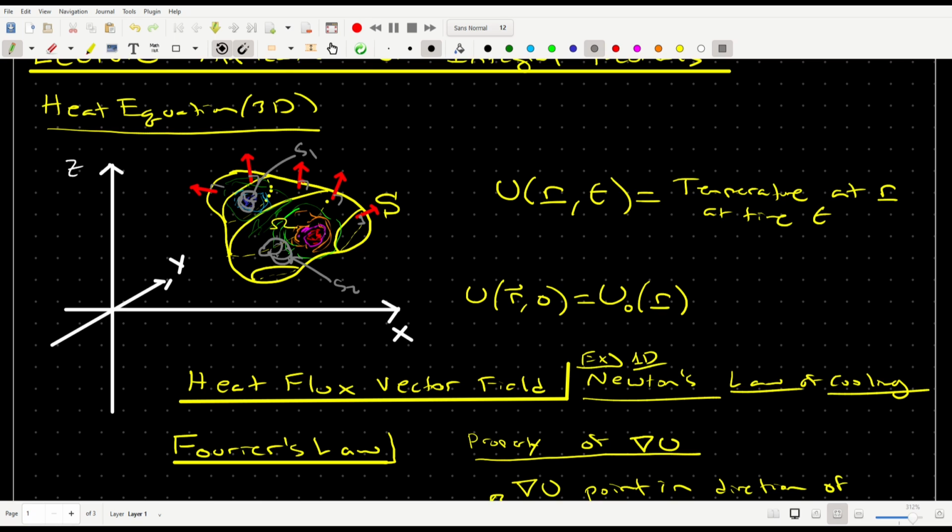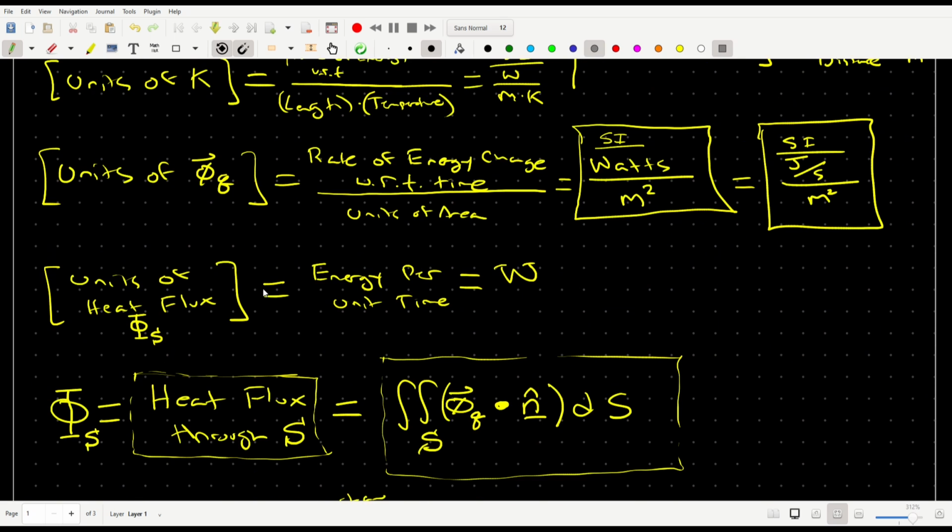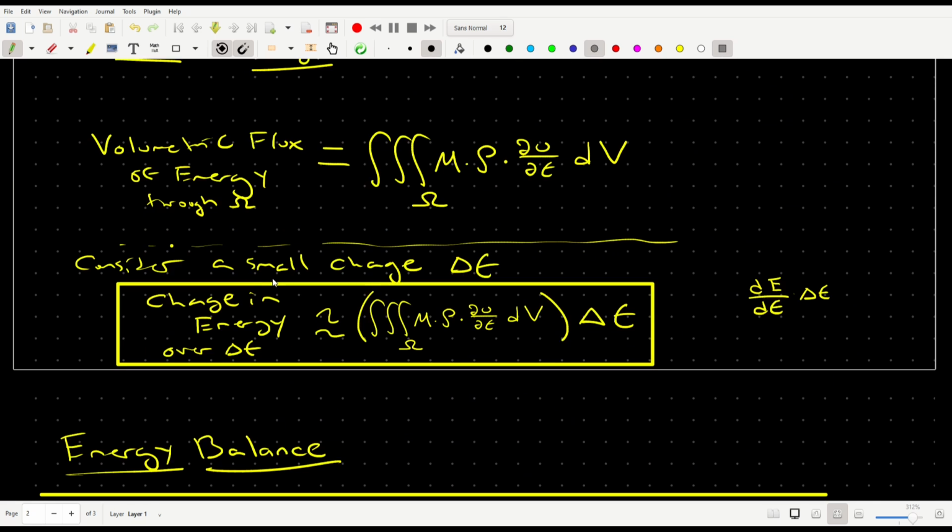And for any subregion, S1, S2, or any other subregion inside S that's nice enough, this also has to be true.